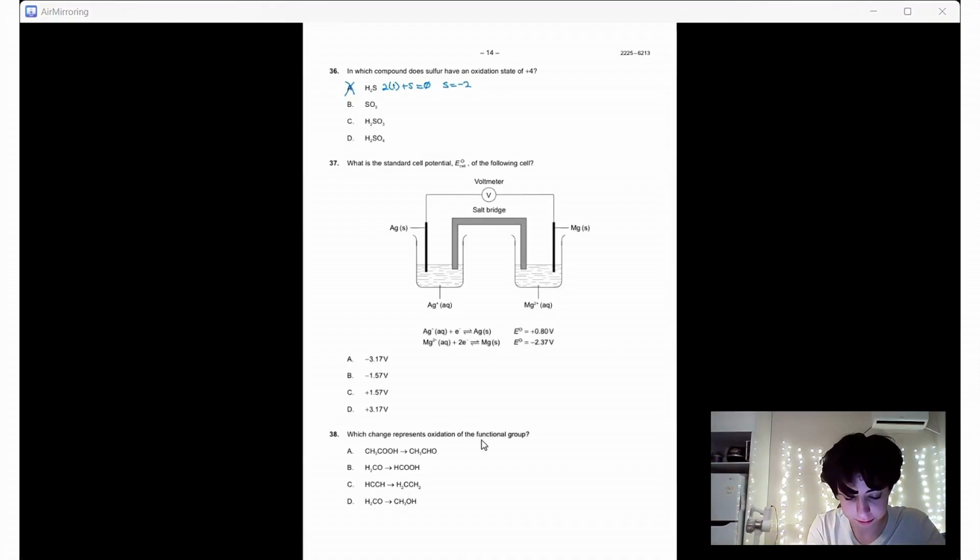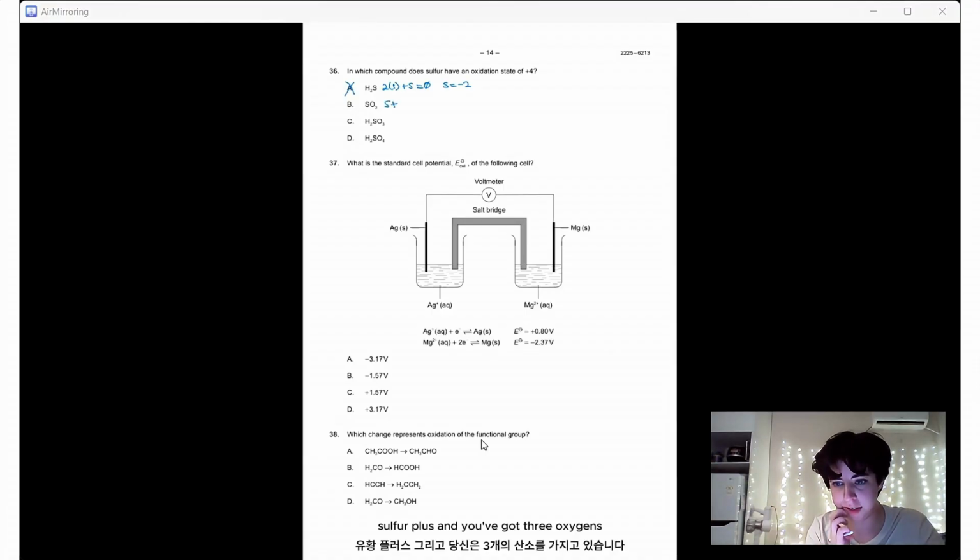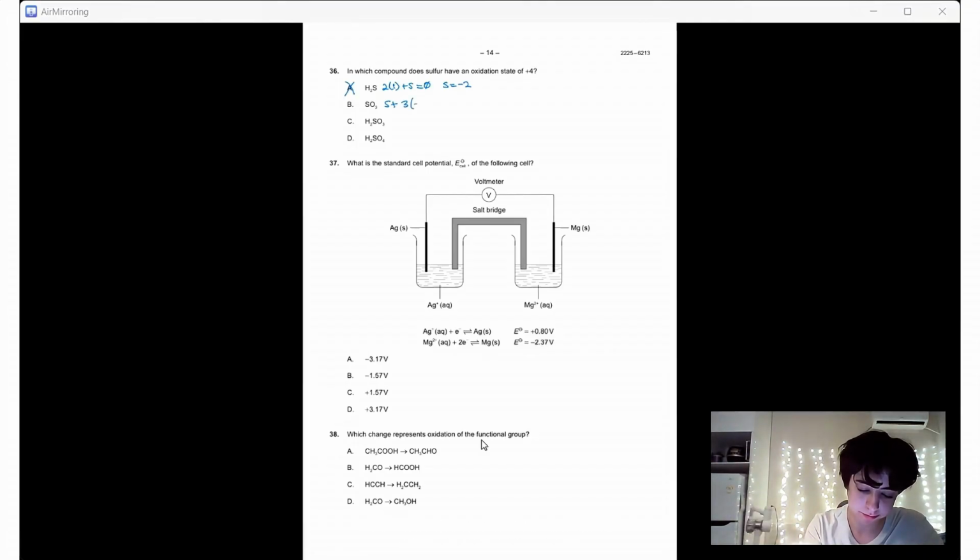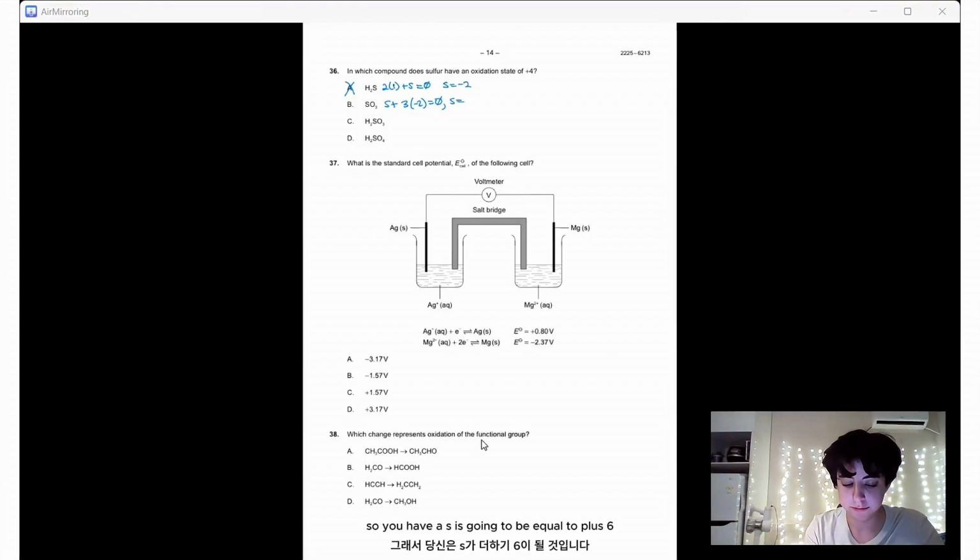B, sulfur plus, and you've got 3 oxygens. Each of them has an oxidation state of -2. Equal to 0. Bang, bang. Okay. So you have S is going to be equal to +6. Crazy. Still not +4. So wrong.